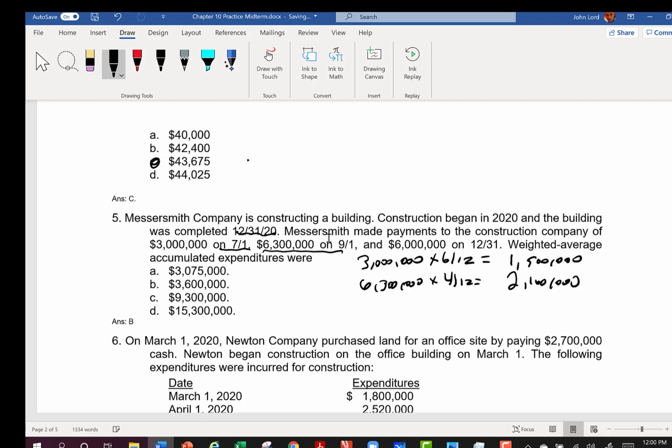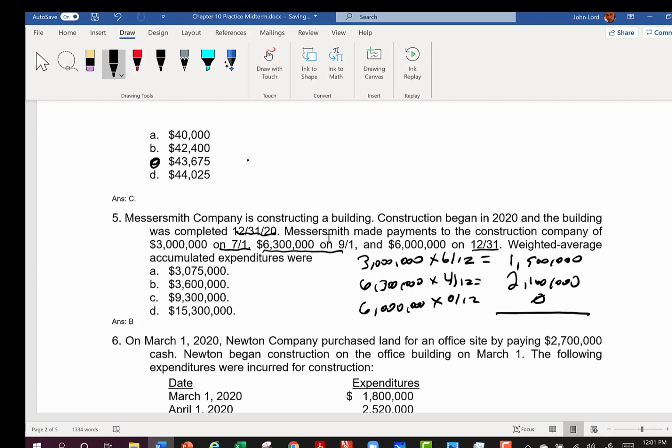And then they had this amount that was spent on 12/31. Well, look, if construction ended on 12/31, then that was not outstanding at all during the year. So I take that $6 million times 0/12, right? Because that wasn't outstanding for any of the year, it was the last day of the year, and that's how you do your weighted average accumulated expenditure calculation.